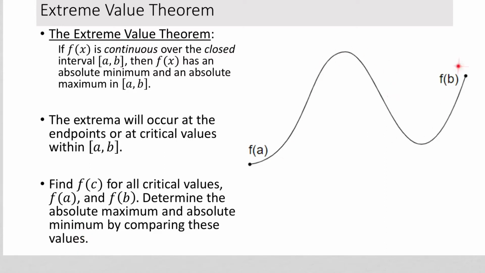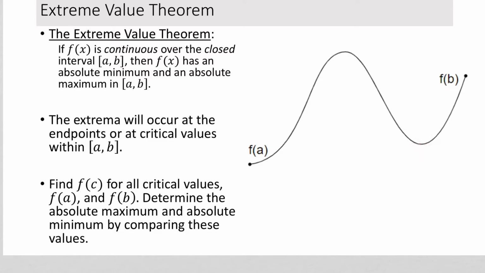If I look at this graph as an example, my closed interval is between a and b. My value of the function at the left endpoint is f(a). The value of the function at the right endpoint is f(b). And then I have two critical values in the interior. So this critical value can be classified as a local max, and this one here as a local min.